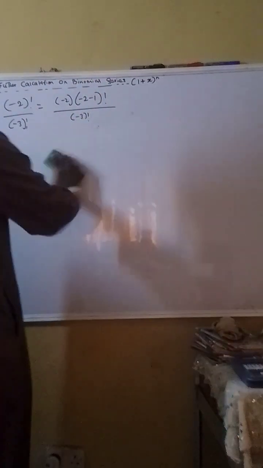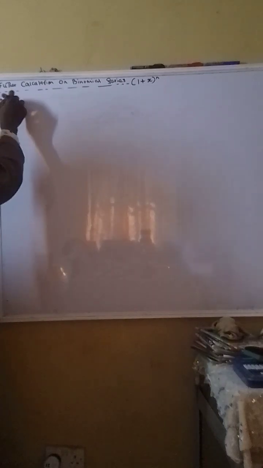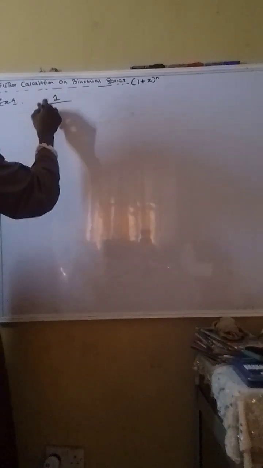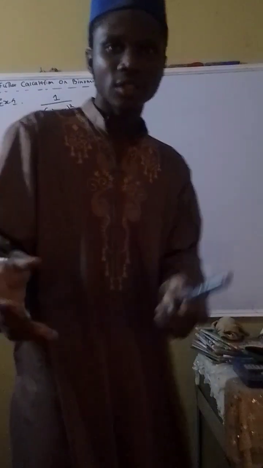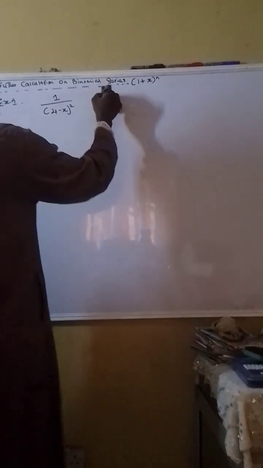And from this point, let's move into our basic work. Let's assume you have been given a certain question. Let's say you have 1 over 4 minus x raised to power 2. Now if you have been asked to expand this to the power of x raised to power 3, are you with me?